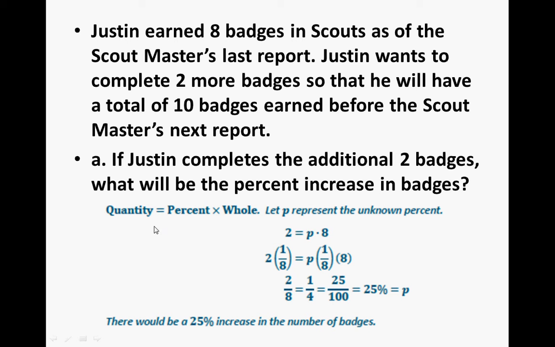Using quantity is equal to percent times whole, and letting p represent the unknown percent, it would be 2 is equal to p times 8. Then again, to isolate p, we can multiply by the reciprocal, which is 1/8. So 2 times 1/8 is 2/8, which is 1/4, which is also 25/100, or 25%. So there would be a 25% increase in the number of badges.